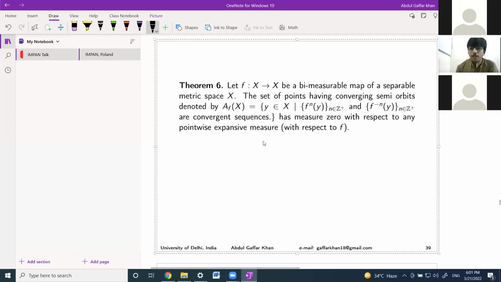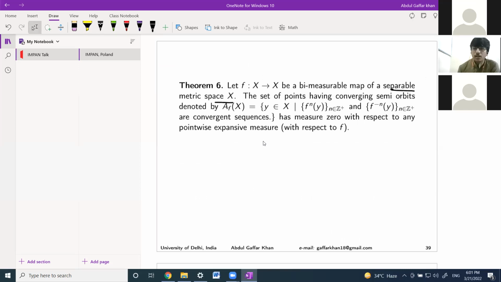Firstly, we have observed that if f is a bi-measurable map of a separable metric space, then the set of points having converging semi-orbits must have measure 0 with respect to any pointwise expansive regular measure.